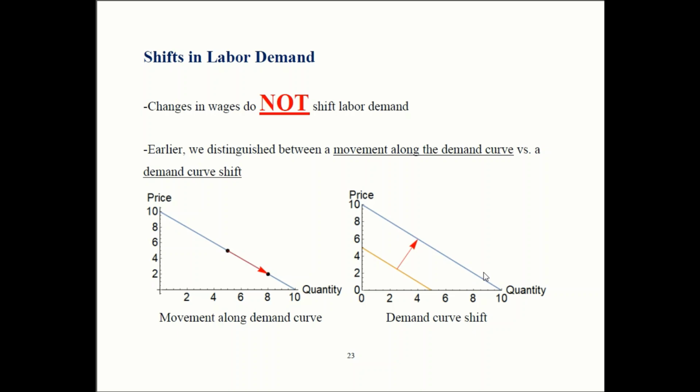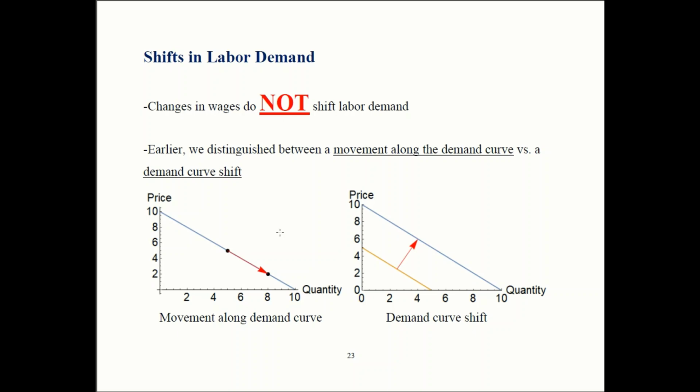We distinguish between a shift of the demand curve, which looks like this, versus a movement along the same demand curve. So in this first picture over here, the same curve is still there. You're just picking out a different point on that curve.